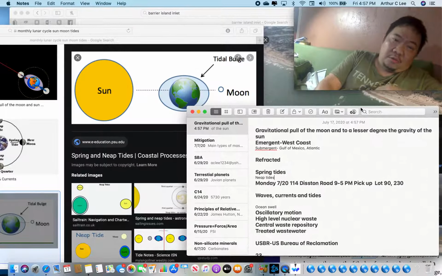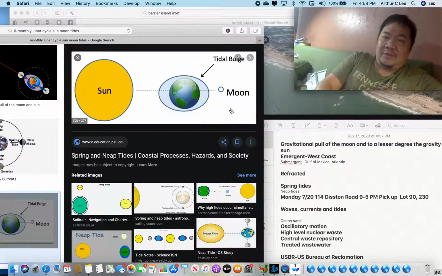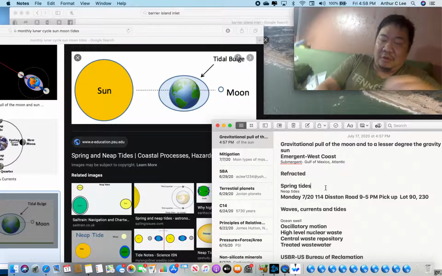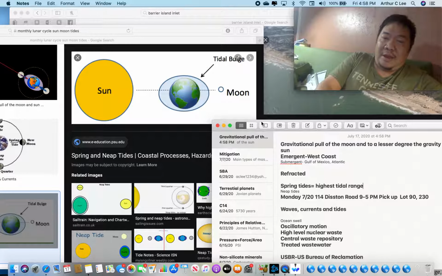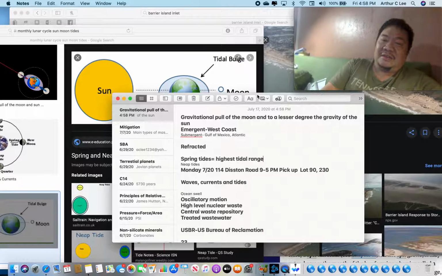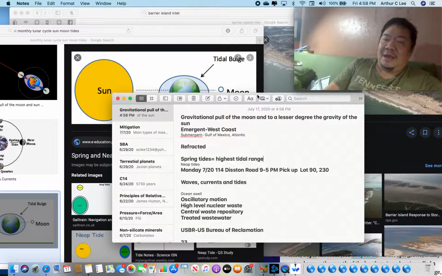Neap tides occur every 30 days. So when you have spring tides, the moon and the sun are lined up, so you have your highest tidal range of the month. That means when you have every new moon and every full moon, you have your highest high tides of the month and your lowest low tides of the month.